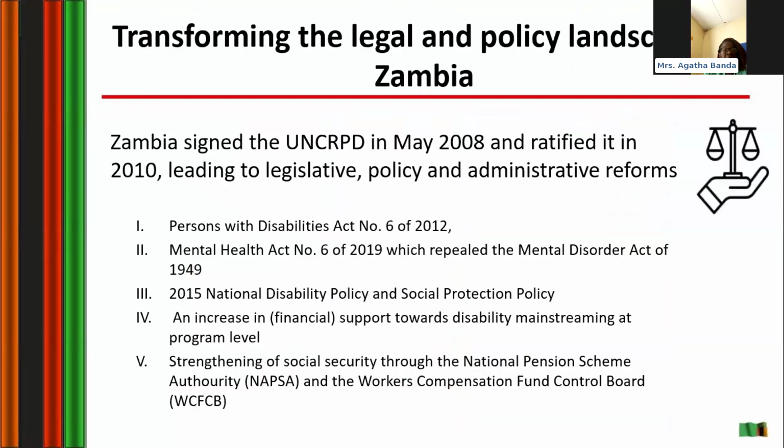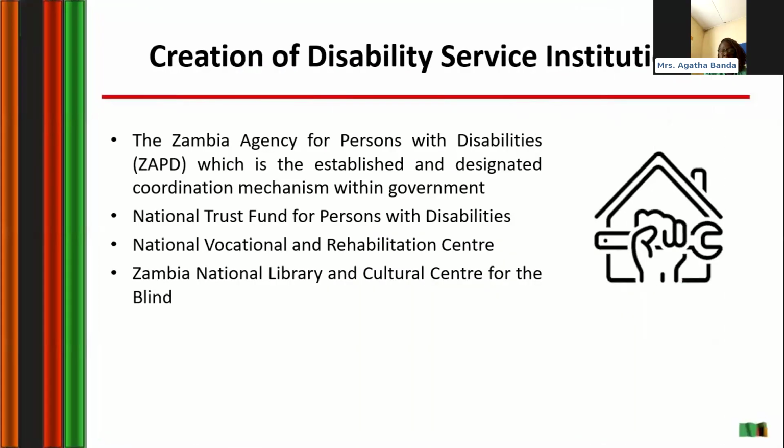Then Zambia has also seen the establishment of a number of disability service institutions. One of them is ourselves, the Zambia Agency for Persons with Disabilities. We are mandated to register persons with disabilities in Zambia. We also regulate, inspect, and coordinate services for persons with disabilities.